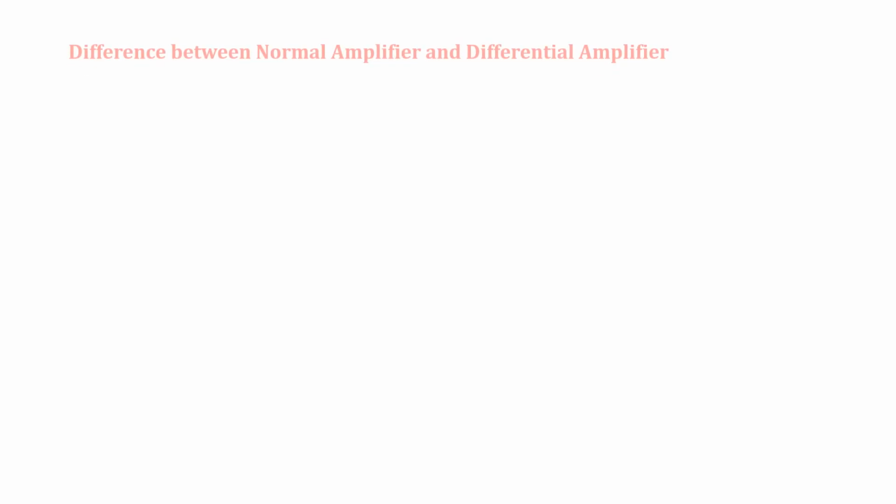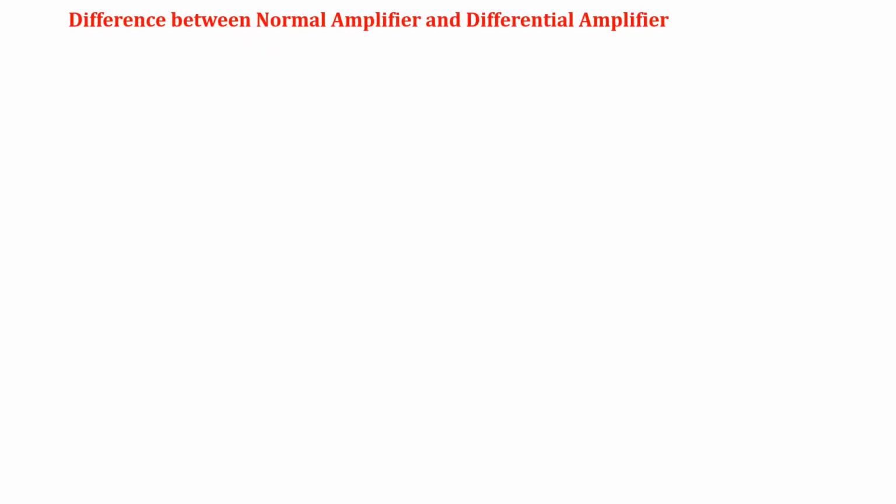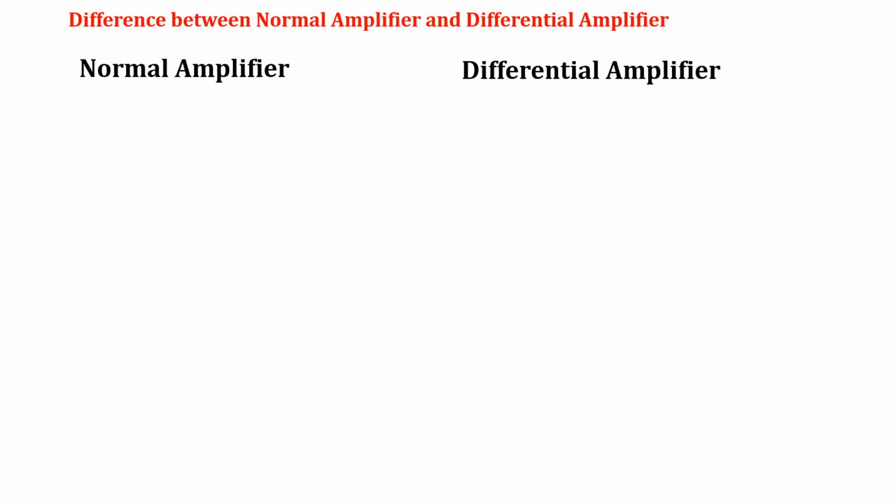Now we distinguish between normal amplifier and differential amplifier. What are the differentiating points between these two amplifiers? A normal amplifier uses one transistor as we discussed earlier, while a differential amplifier uses two transistors and forms a direct coupled amplifier.